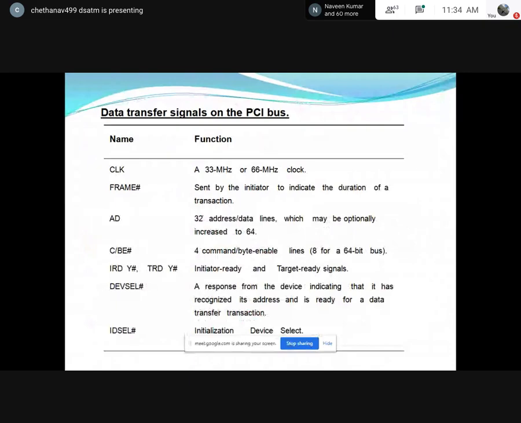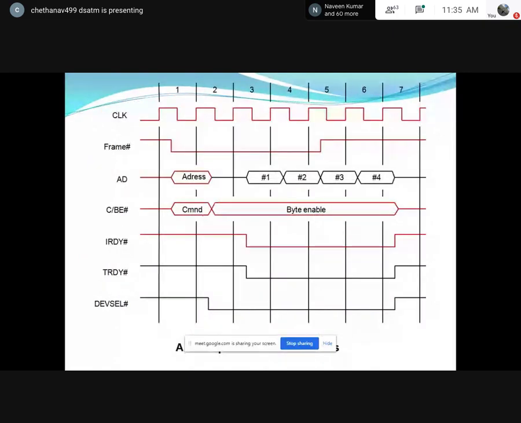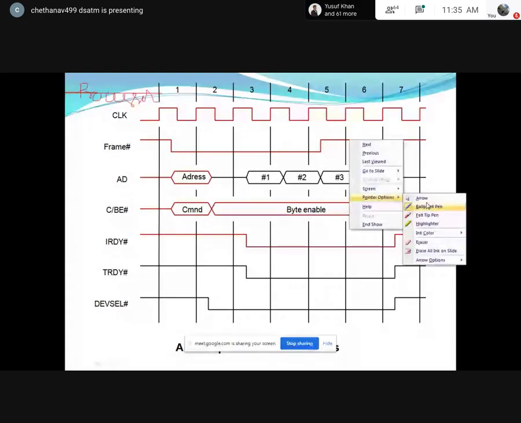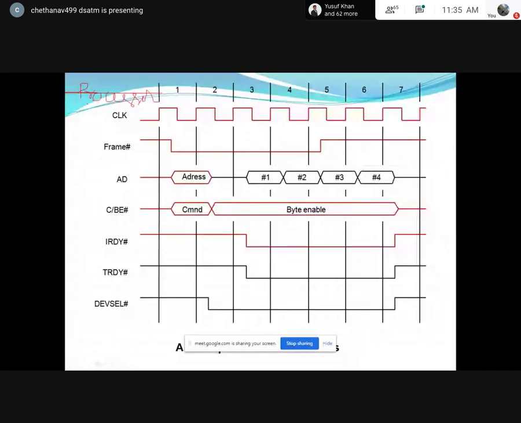Suppose we look at how PCI sends data between the processor and a device. Assume this is one processor, and from this processor I want to exchange data with one of the devices, say a disk.